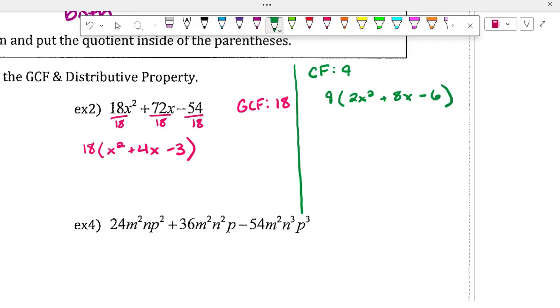Now, if you got that far, what's kind of the niggling in the back of your head that should tell you that you're not done? Well, it's possible to get a 2x squared and not have a GCF. They're all divisible by 2.